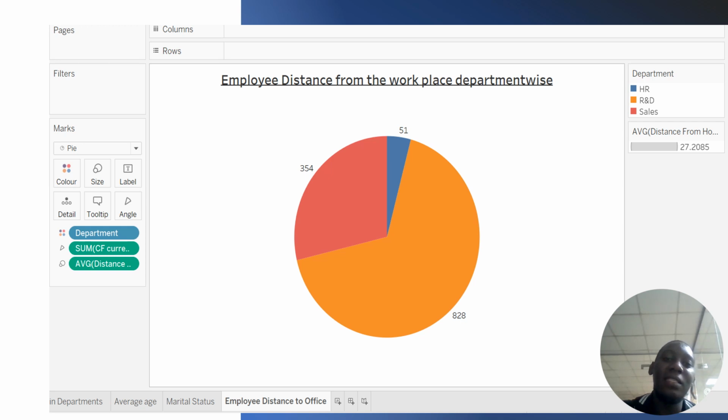But if I show in the software the distance, because I looked at the average distance from work, those that are in R&D, which is the orange, it's about 9 point something. I think the data shows it in kilometers.